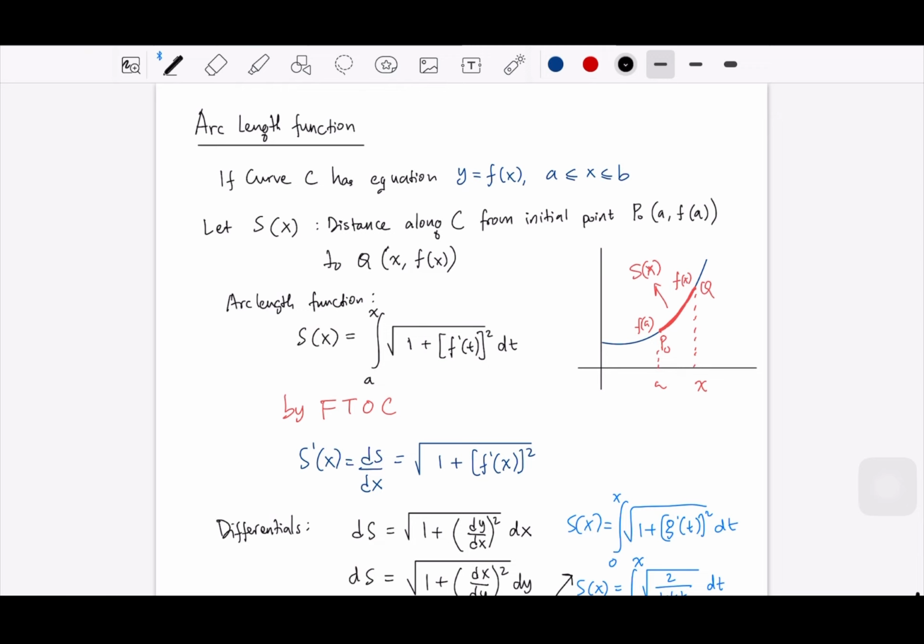So yesterday we discussed arc length, right? The arc length function. Basically, we measure how long the curve is.